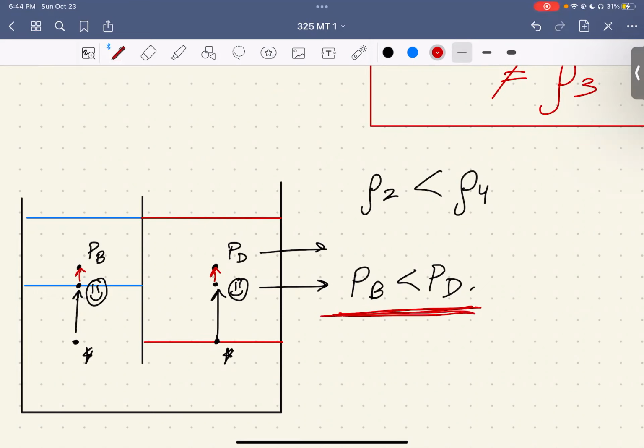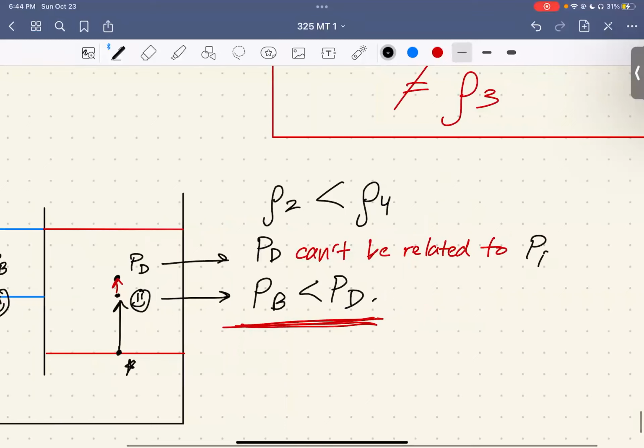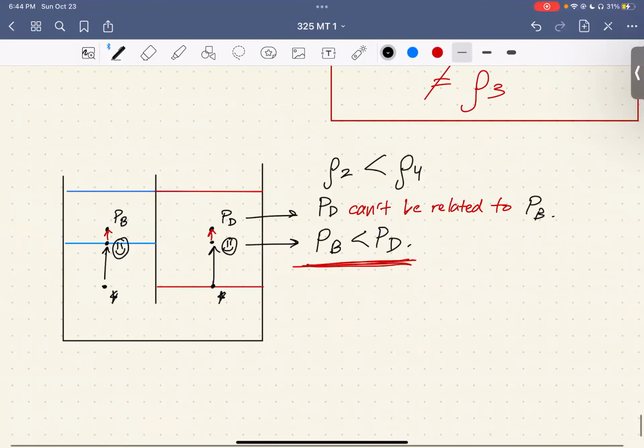So actually, PD cannot be related to PB. I don't want to write that it's not equal to. Can't be related.